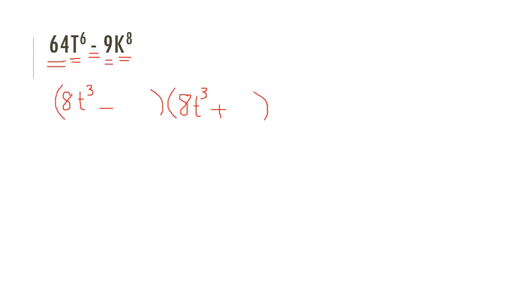The square root of 9 is 3. So that goes in the second position in the binomials. And the square root of k to the 8th power is k to the 4th power. So I'll put my k to the 4th in here, and that's it. This is the joy of being able to remember those special cases. It's not as hard as it looks when you look at those big numbers.